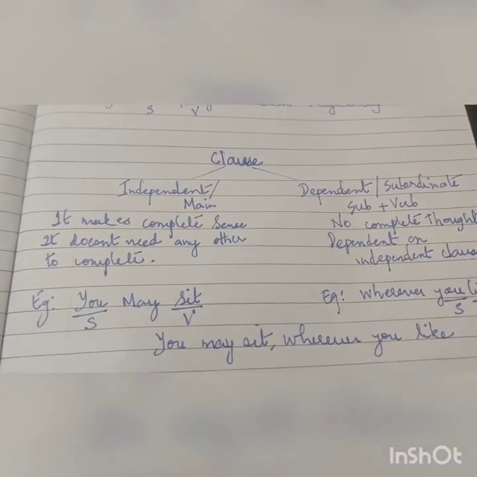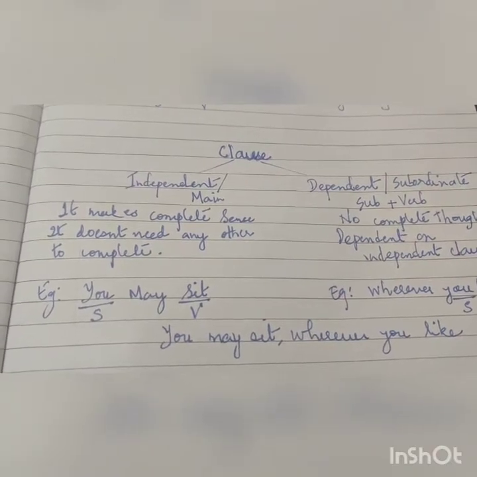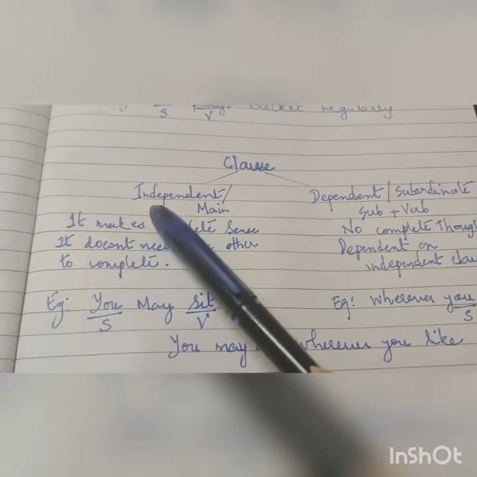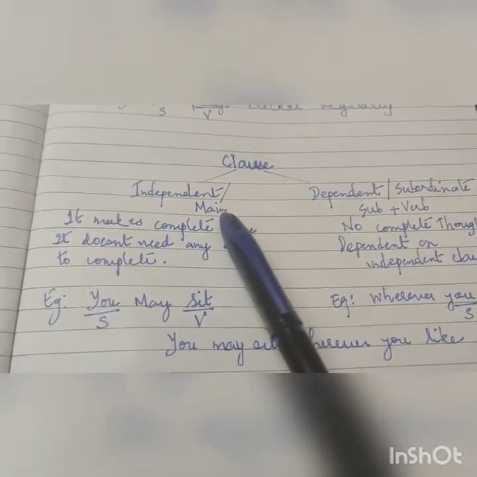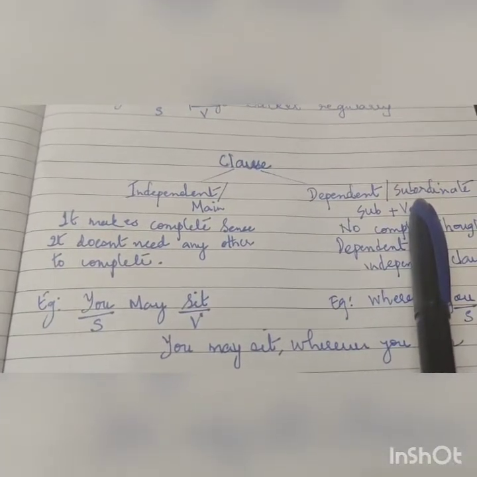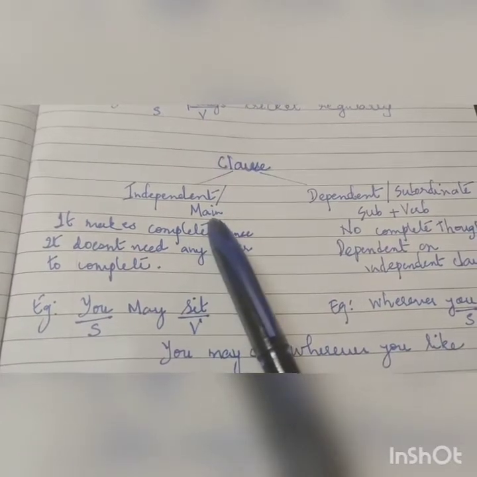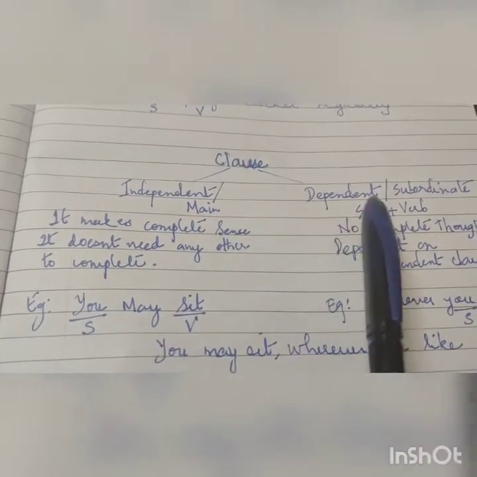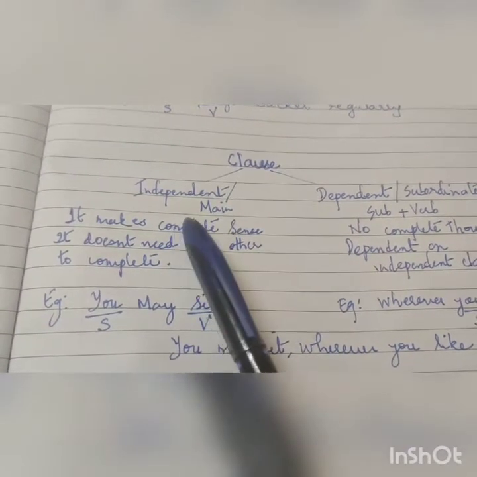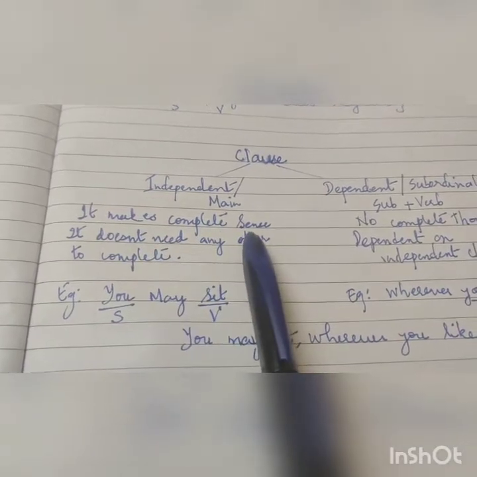Now the next thing is what types of clauses we will be studying. Clauses are of two types: independent or main clause, and dependent or subordinate clause. Now let's see what an independent clause is. An independent clause makes complete sense.